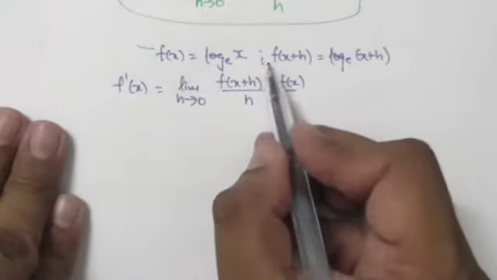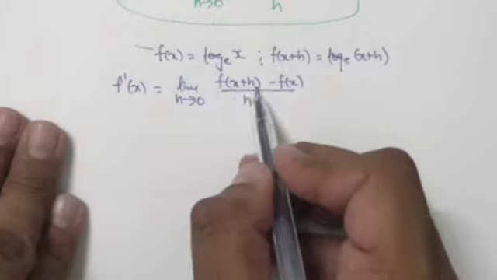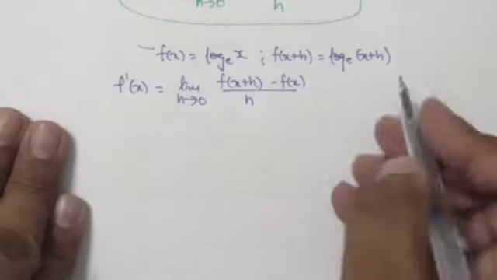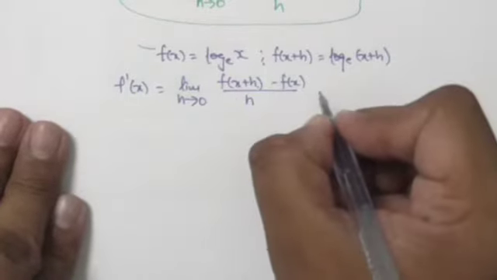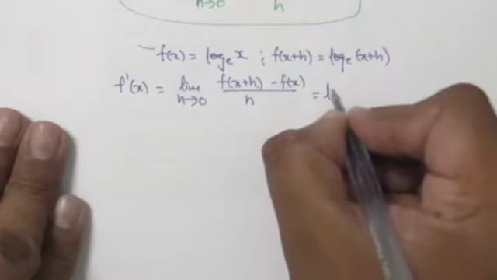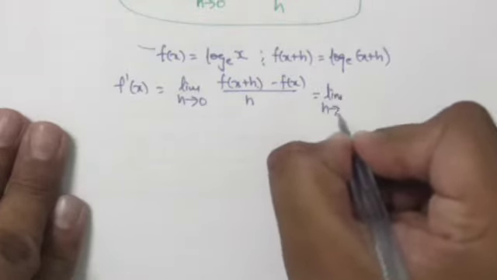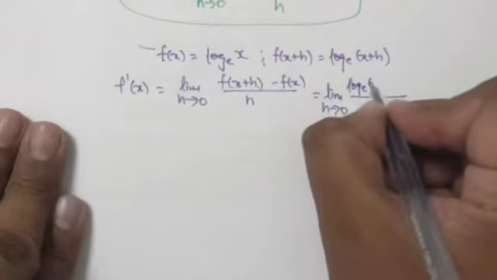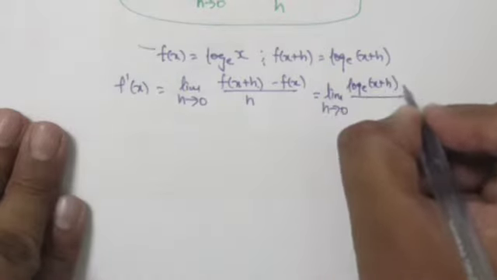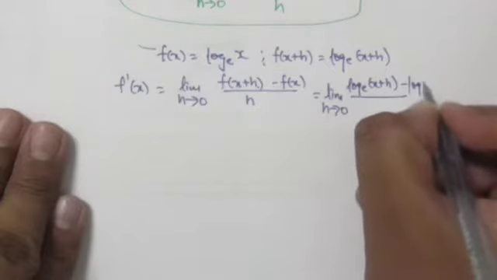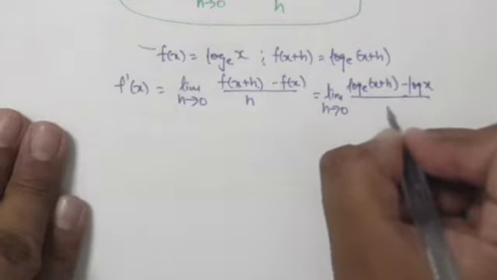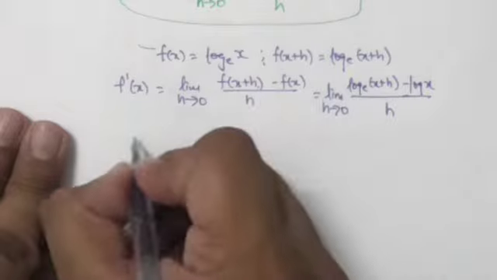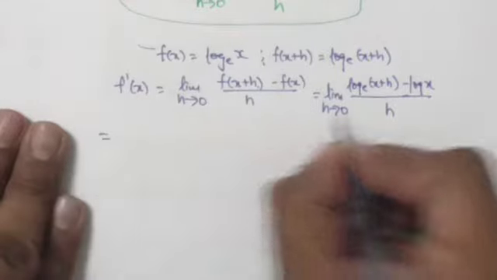So now here I will substitute the values of f(x + h) and f(x). So it will be equal to limit h tends to 0 [log(x + h) - log x] upon h, right. Now it will be equal to what?